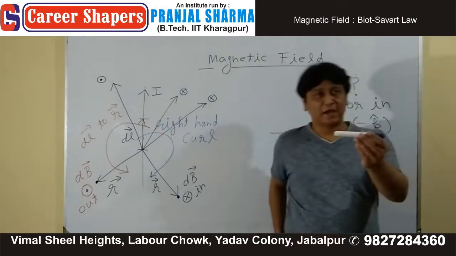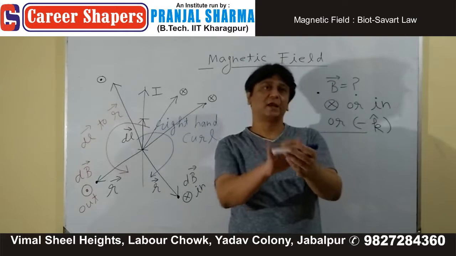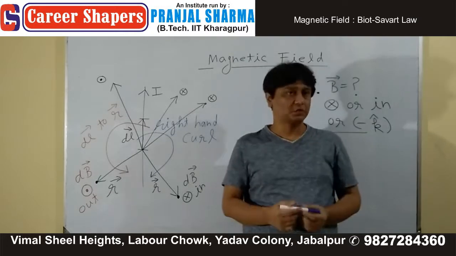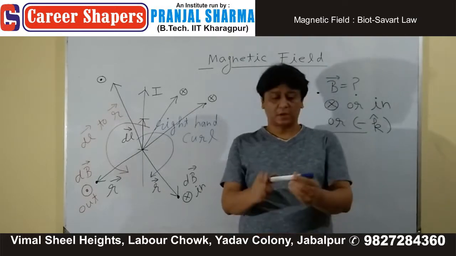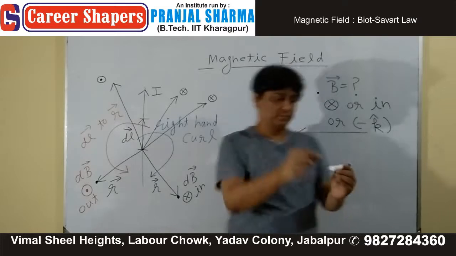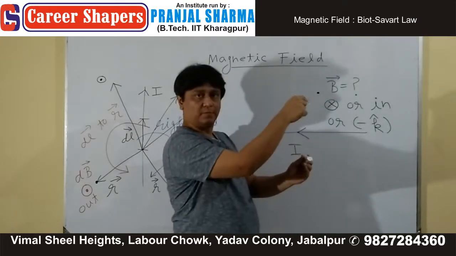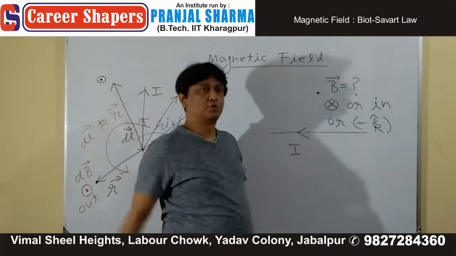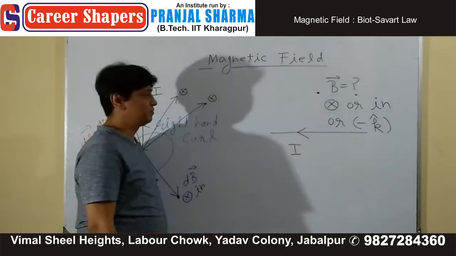You have a current carrying wire and it is carrying current from north to south, directly above the wire. You need to find direction of magnetic field.